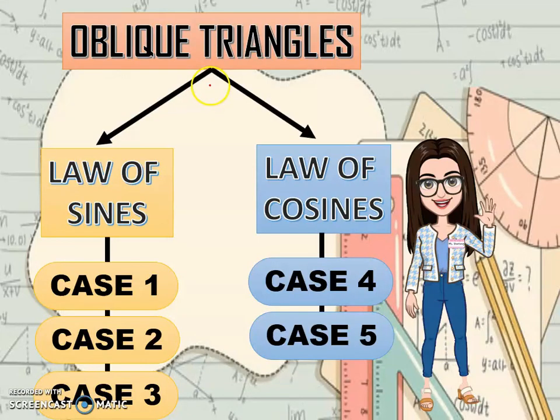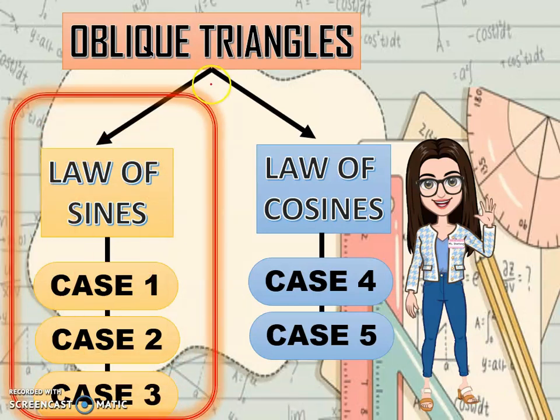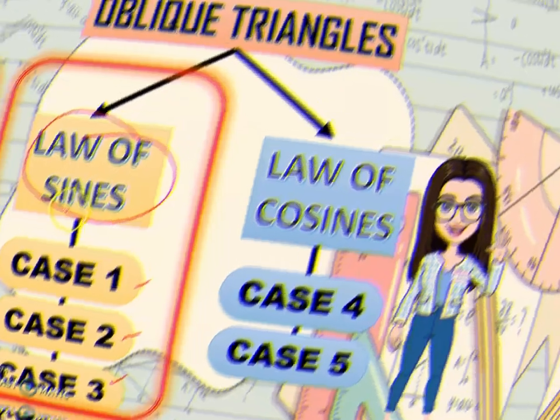For today's lesson, class, we're just going to focus our attention on the law of sines. What are the problems classified as case 1, 2, and 3, and how are we going to use the law of sines in solving them? Please watch the next clip.